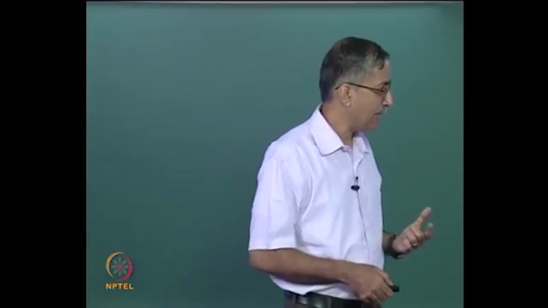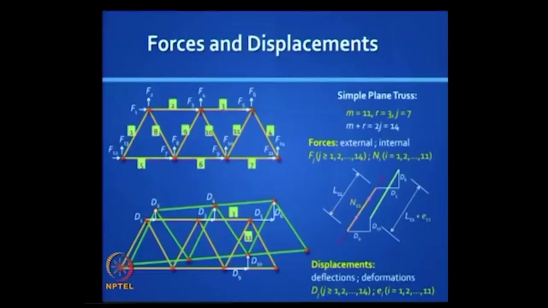So if you look at the displacement field, it is made up of joint displacements, which I have labeled dj, and member elongations, which I have labeled ei. J can vary from 1 to 14 in this case, and i can vary from 1 to 11.